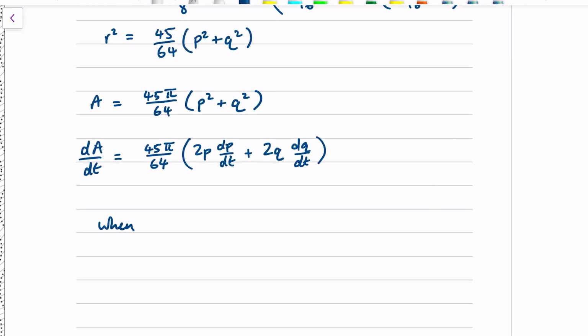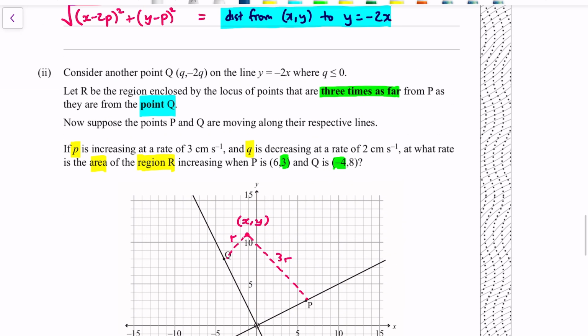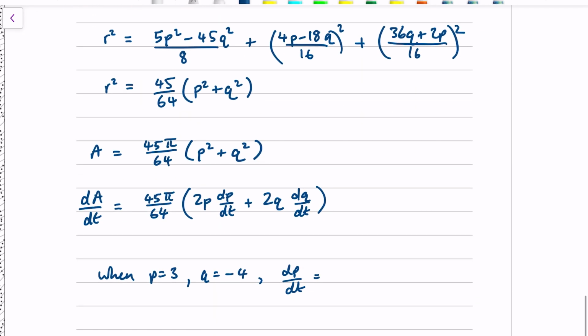Now we're also told the rates dp dt and dq dt. In the question, p was increasing at a rate of 3 and q is decreasing at a rate of 2. So dp dt equals 3 and dq dt equals minus 2.